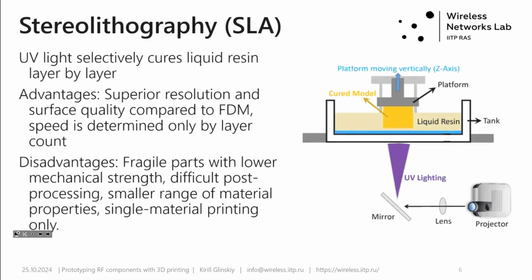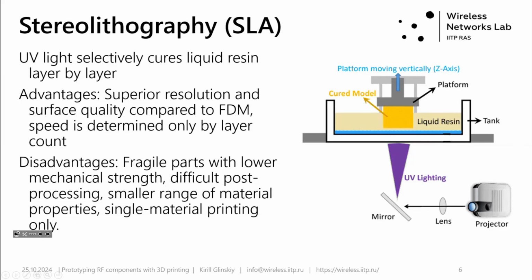Now, to the second most popular, the recently popularized one called stereolithography. This is probably the second cheapest method of 3D printing, owing to the massive reductions in cost of high-powered ultraviolet lasers and projectors.